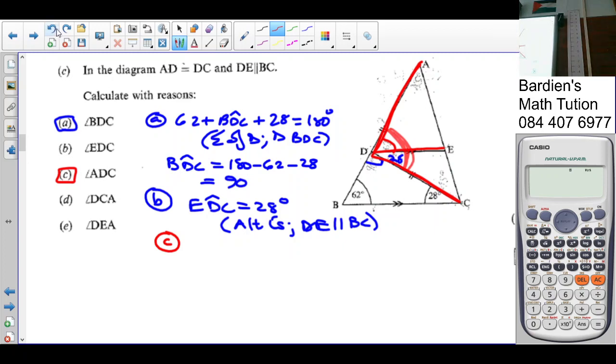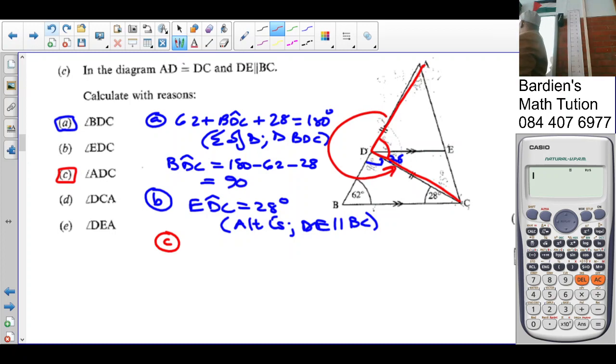Okay, just hang on, I can't hear. So, for example, if it says ABC, you have to calculate inside ABC, not outside. They want this angle, inside. So, can you also calculate outside?